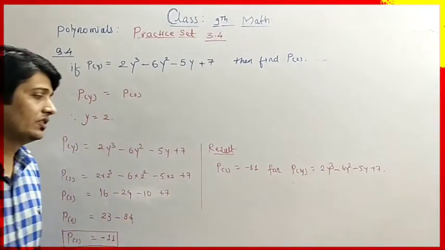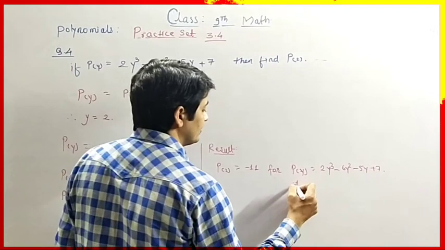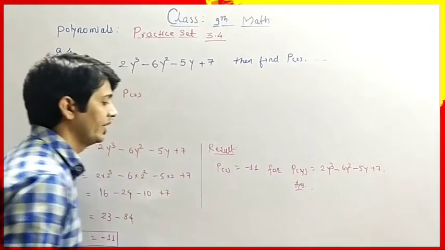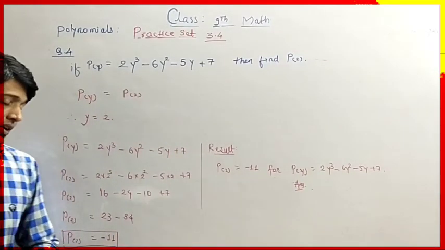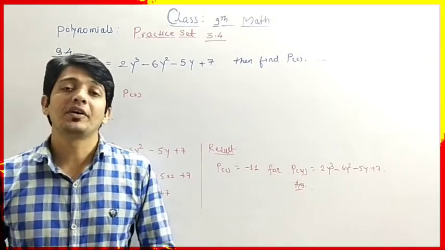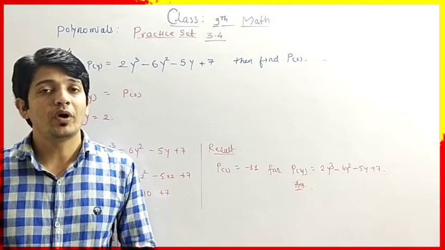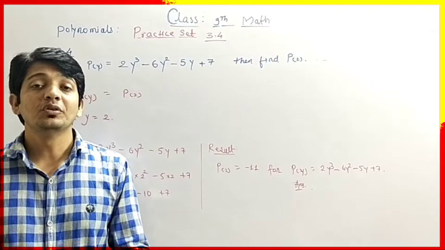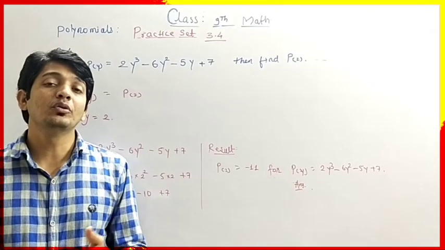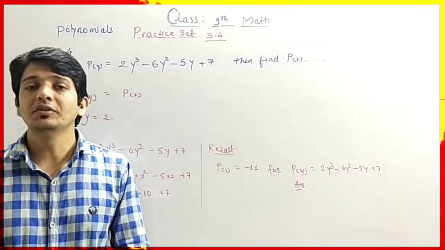Okay, so this is our answer. Okay, so write down now. So students, here we have completed our practice set 3.4. Okay, so in the next lecture we are going to understand the next part of the polynomial chapter.